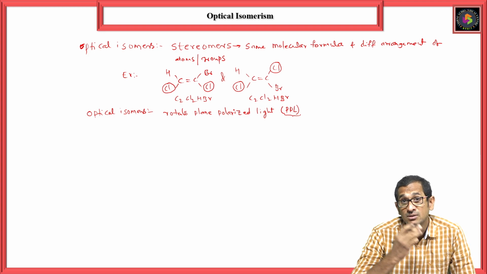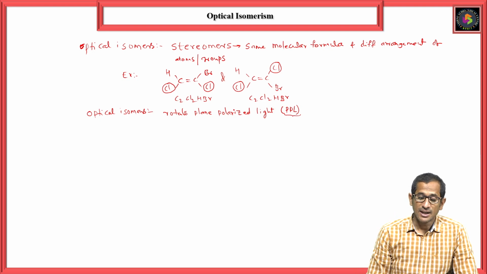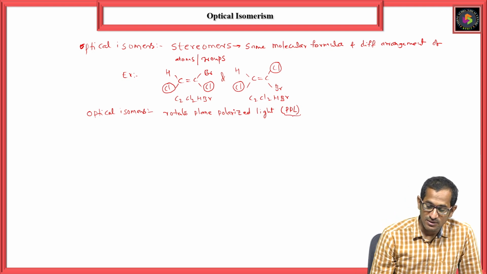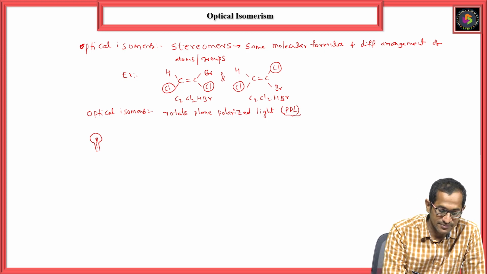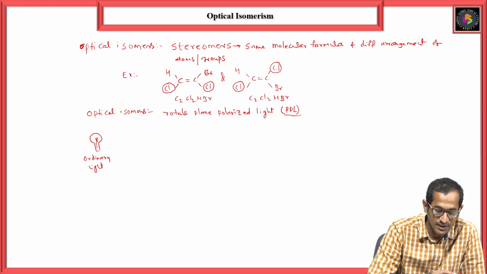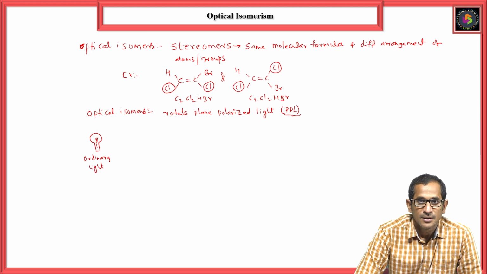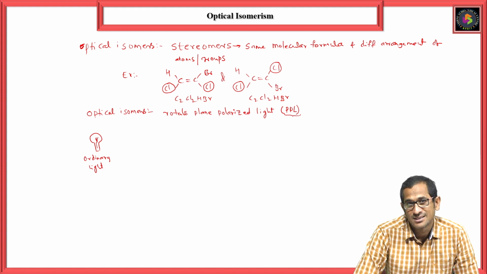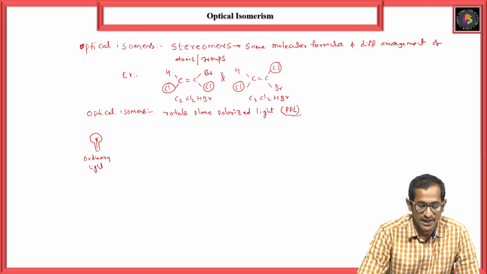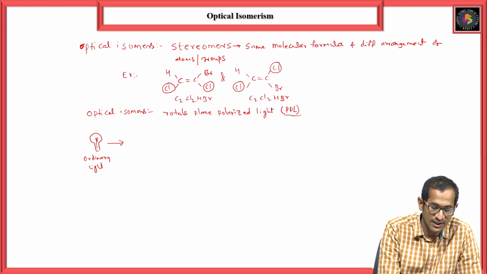What is plane polarized light? First, generally we know ordinary light. The waves of the ordinary light oscillate in an infinite number of directions.